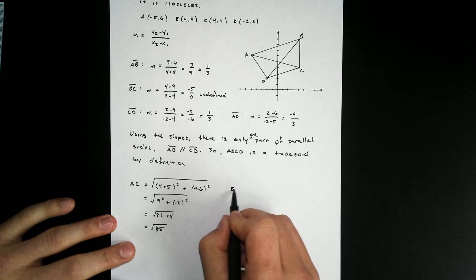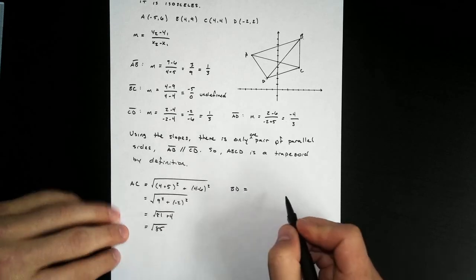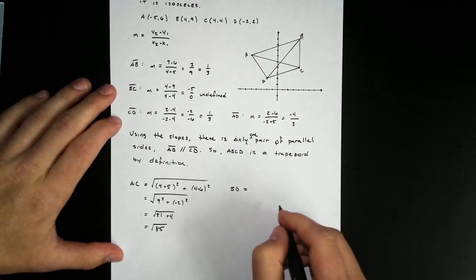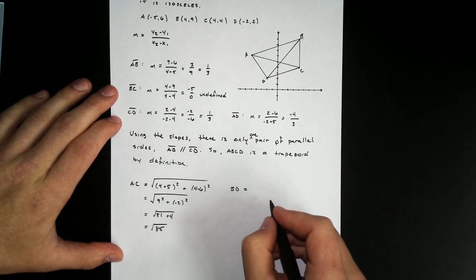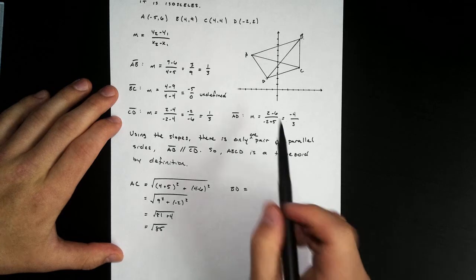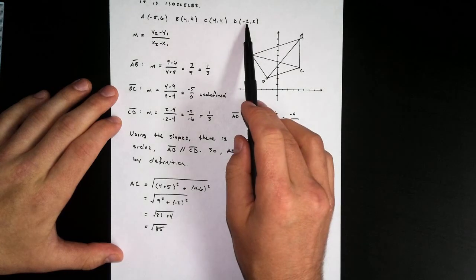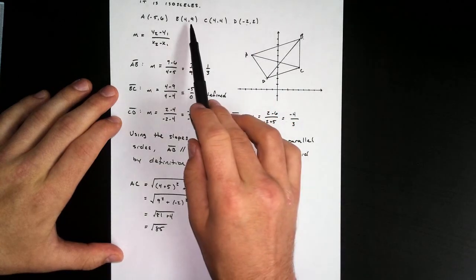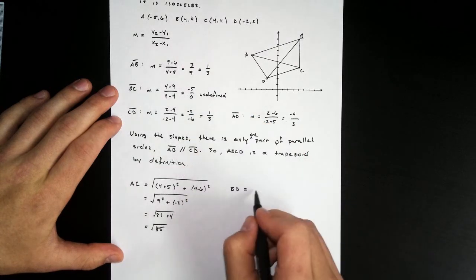And then let's do the same thing for the other diagonal. So for BD, let's see our two x values: negative 2 minus 4.